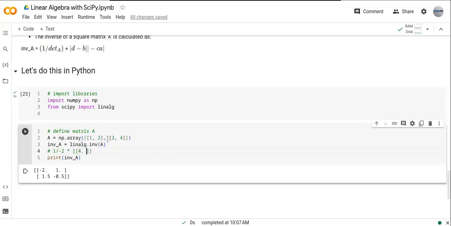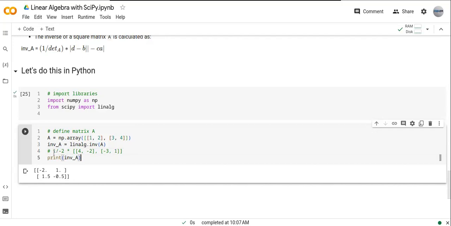Then minus b means the second element in the first row, minus 2, and minus c is the first element in the second row, minus 3, and a is 1.